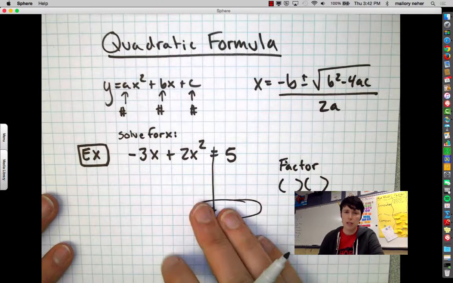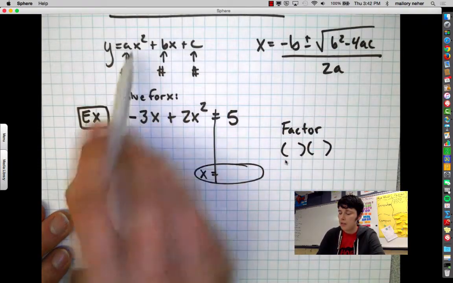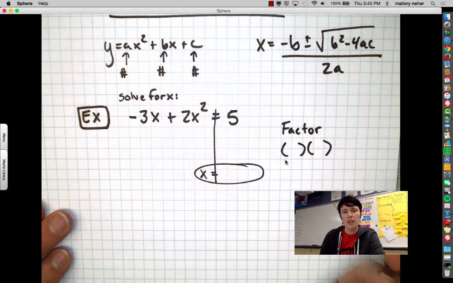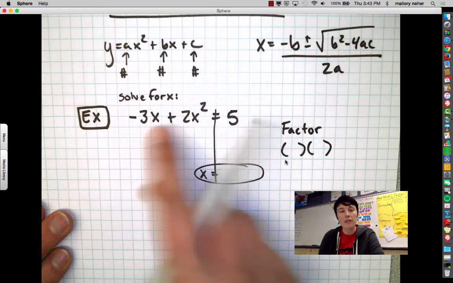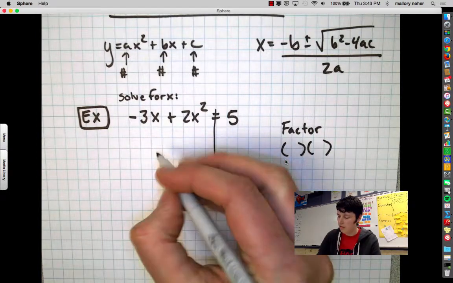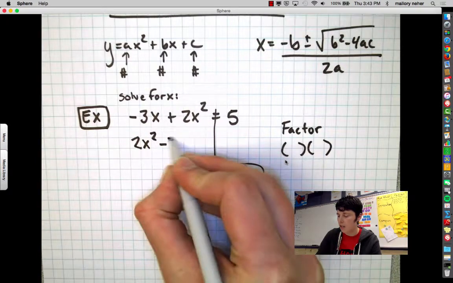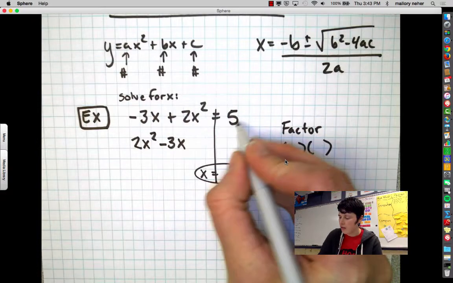So there's a couple of things we need to do. Before I can use the formula, it needs to be in this format: ax squared plus bx plus c. In this case, the x squared's here, the x is here, the 5's over here. It's all out of order, and we need to fix it. The 2x squared typically would go first, then the minus 3x, and then the 5 should be with it, but it should be on the other side of the equal sign.